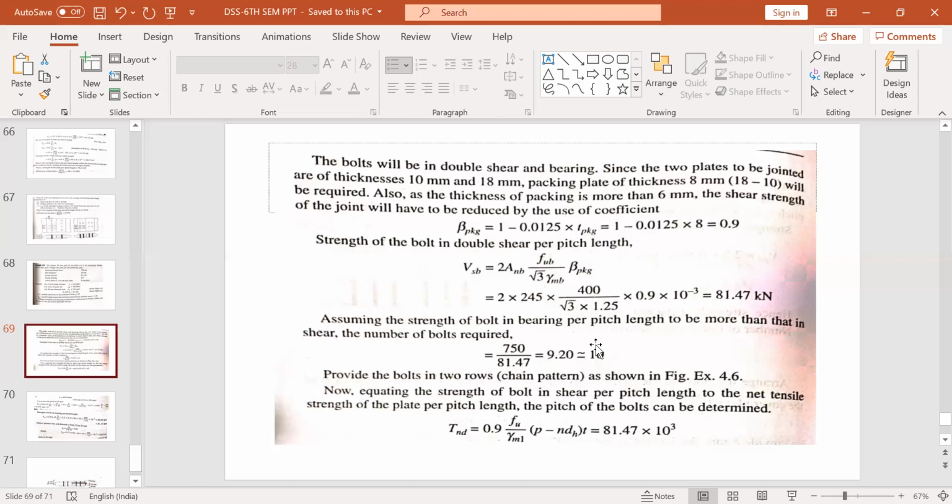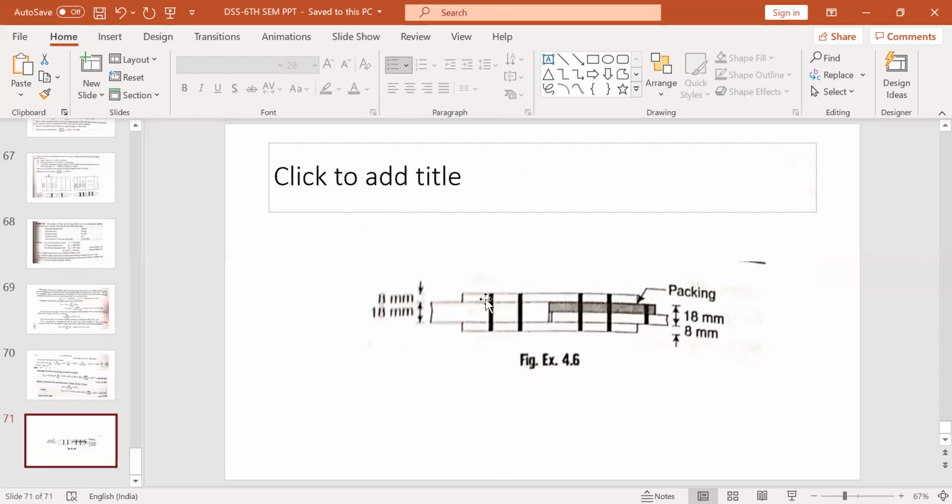That is, you have to provide 10 bolts. 10 bolts you need to provide to resist the load of 750 kilonewton coming on the plates. Now 10 bolts, how will you provide? Provide bolts in 2 rows. So like this. Here 5, here 5. Okay, you have to provide the bolts in 2 rows.